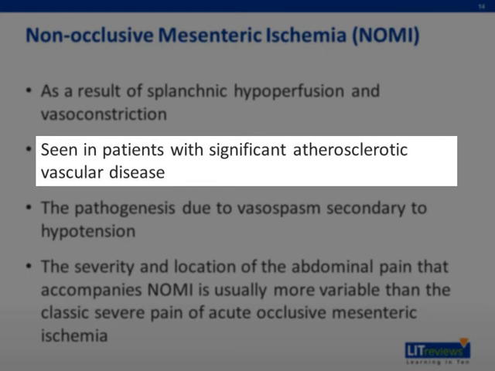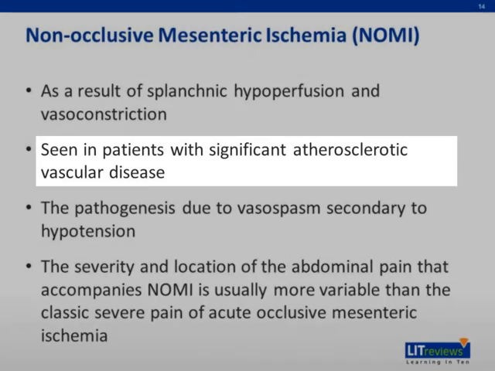A typical patient is usually elderly with cardiovascular disease who has a life-threatening complication, such as myocardial infarction or congestive heart failure, and is being treated with drugs known to reduce intestinal perfusion, such as diuretics. Other common inciting events include aortic insufficiency, sepsis, cardiac arrhythmias, and administration of medications such as digoxin and alpha-adrenergic agonists.